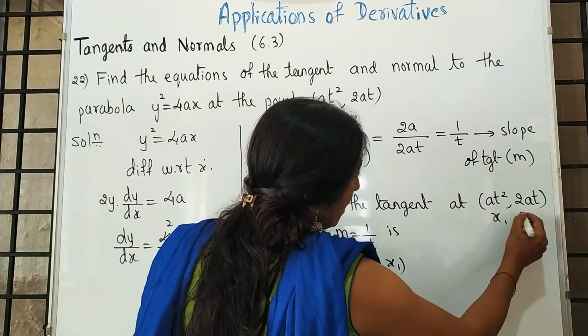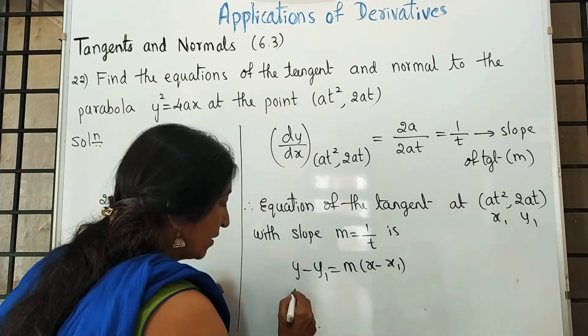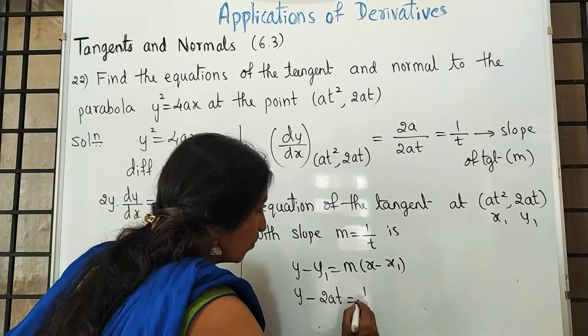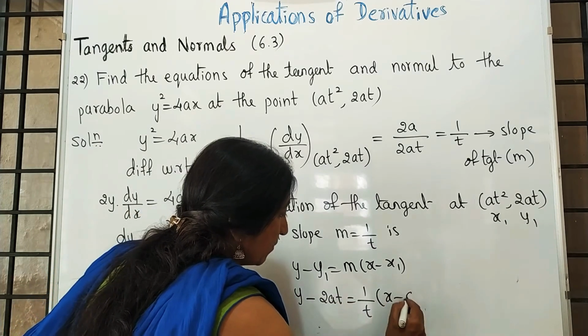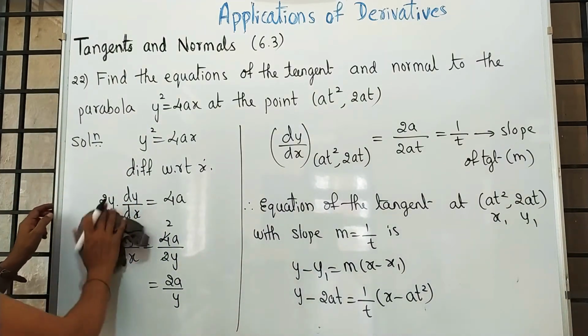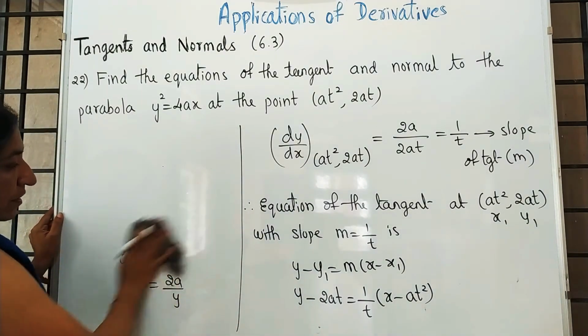This point we are taking as x1, y1. Y minus 2at is equal to 1 by t, x minus a t square. So here you can cross multiply and simplify this.